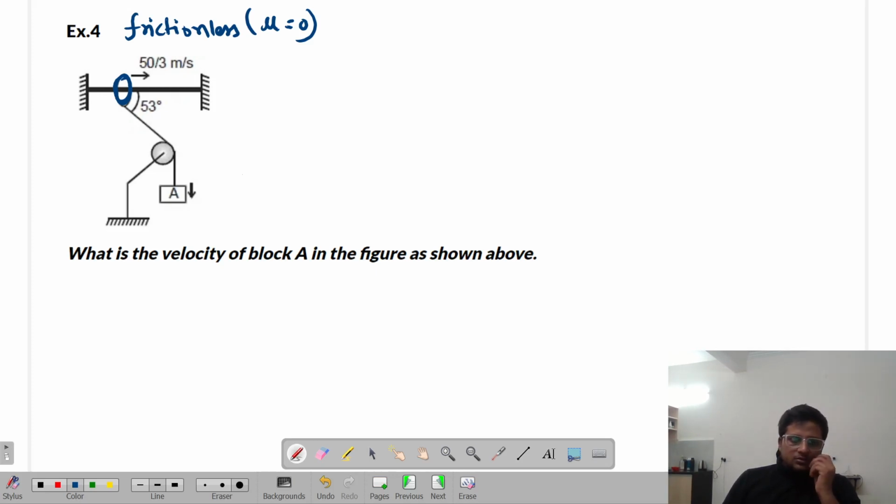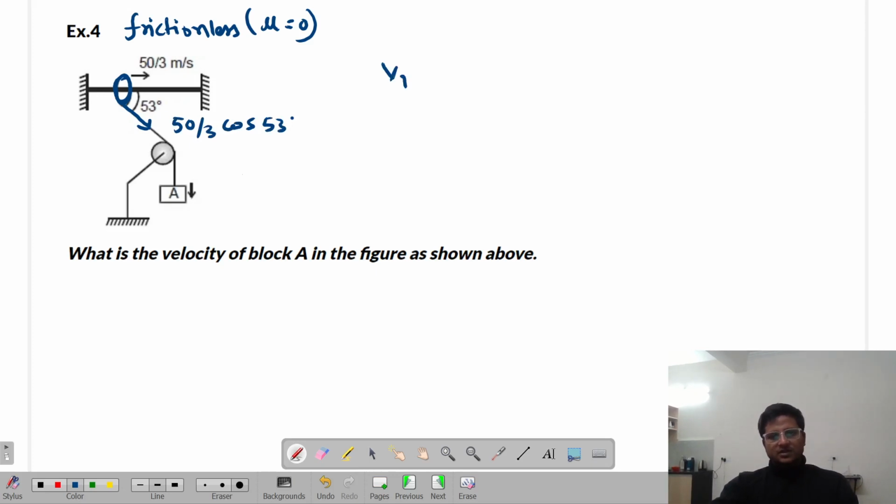Tell me what will happen. 50/3 cos, correct. Look over there. If it is 50/3, then the ring's velocity along the direction of the thread is 50/3 cos 53.